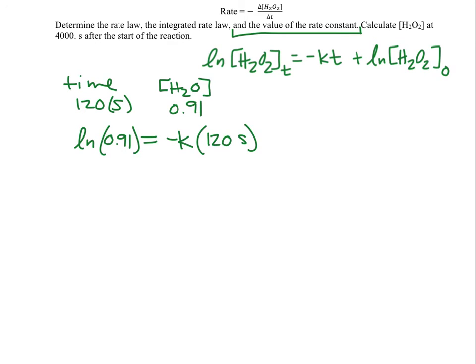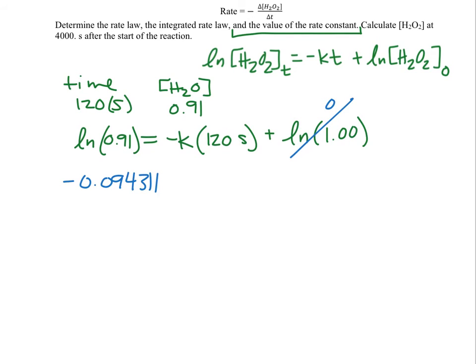That's pretty important on the AP exam, to keep careful track of your units. Plus the natural log of my initial concentration, which is 1, which is amazing. That means the natural log of 1 is going to go away. That is a 0 automatically. Now I'll just use my calculator to calculate the natural log of 0.91. That'll be negative 0.094311.